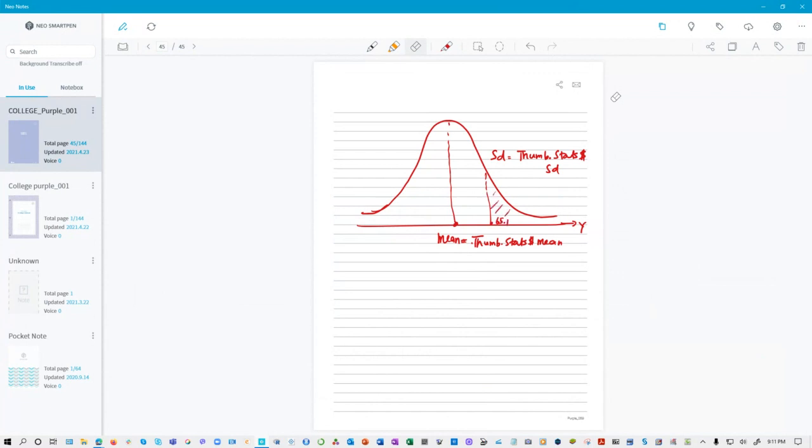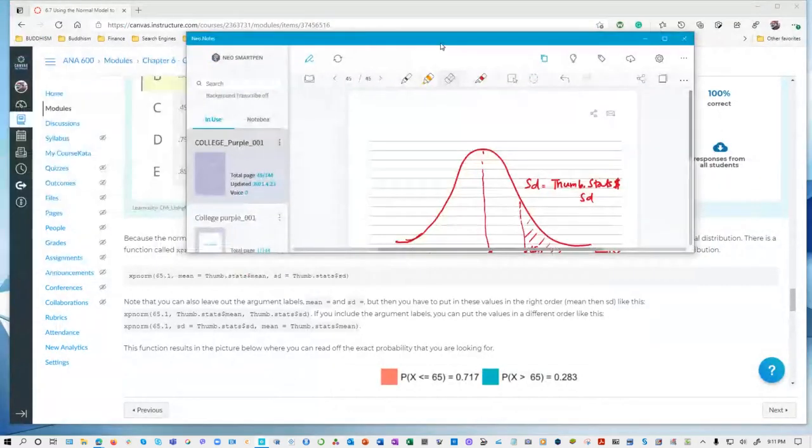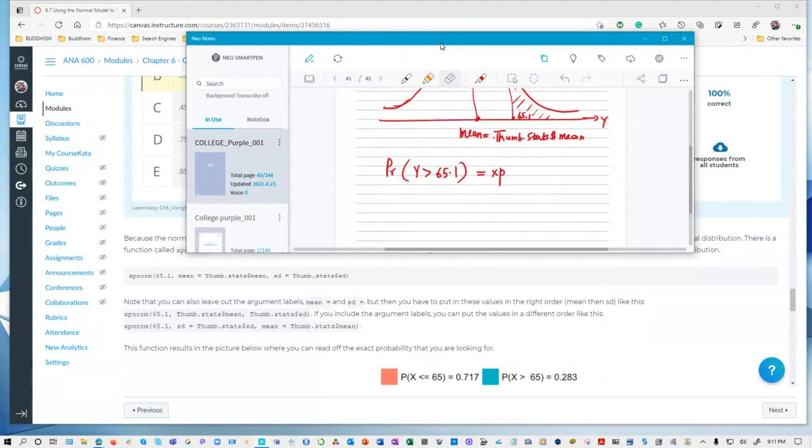Now if you have 65.1 here, I'm looking for the probability that y is greater than 65.1. What's the chance that any data point is going to be more than that one? Since we have a normal distribution, we have a command called pnorm.